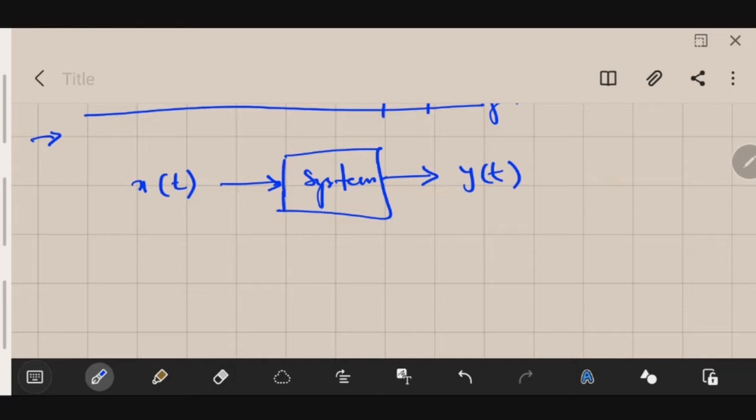There is another way, provided your system is linear time invariant. If your system is an LTI system, then you could use the method of convolution. What we do in convolution is divide the input signal into elementary signals, which is basically impulses in this case, and we apply these to the system.